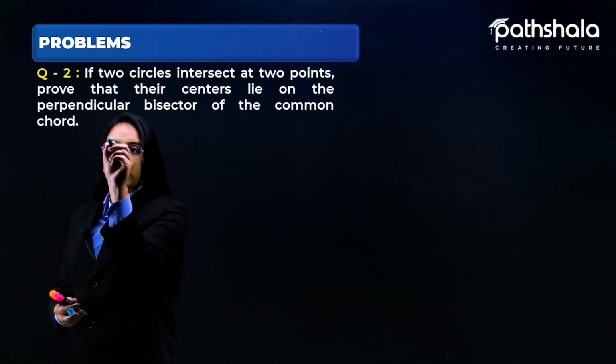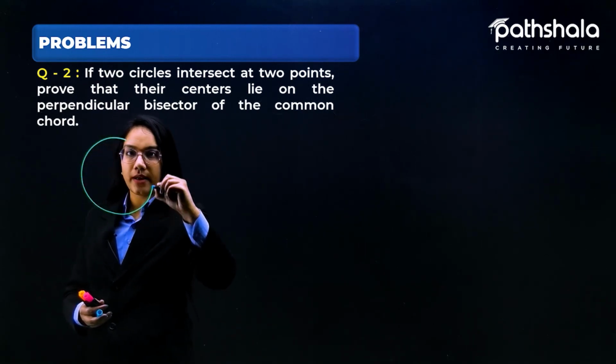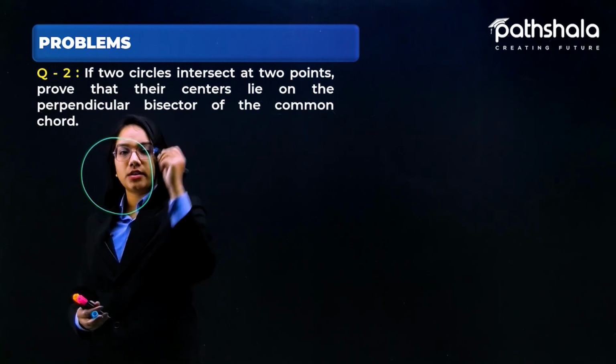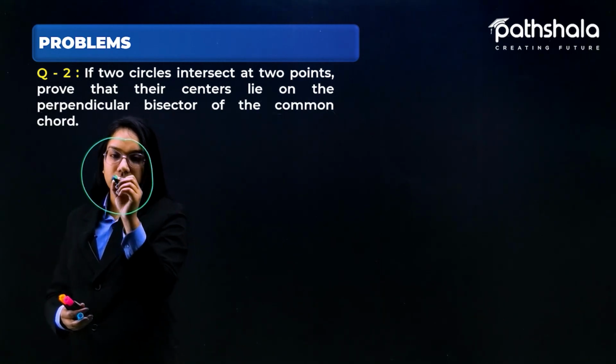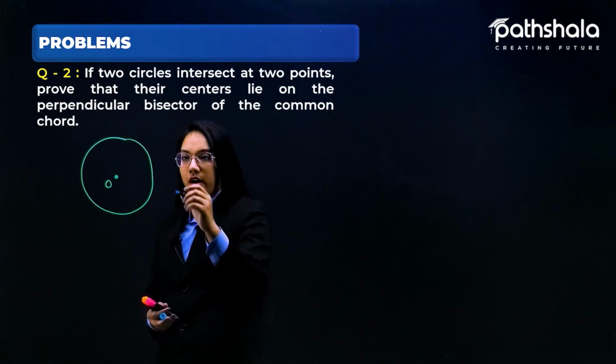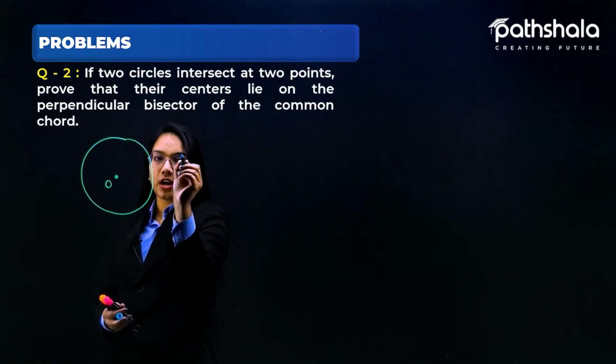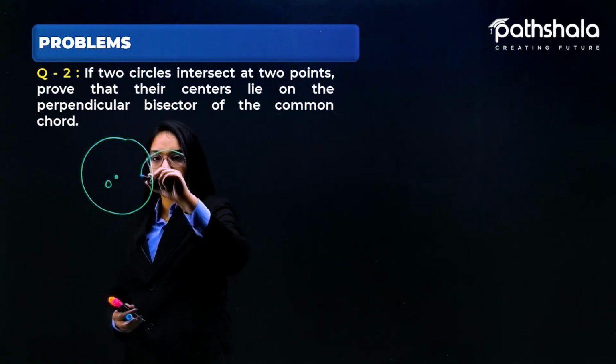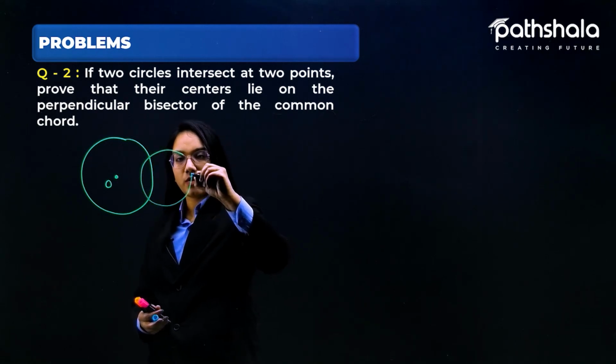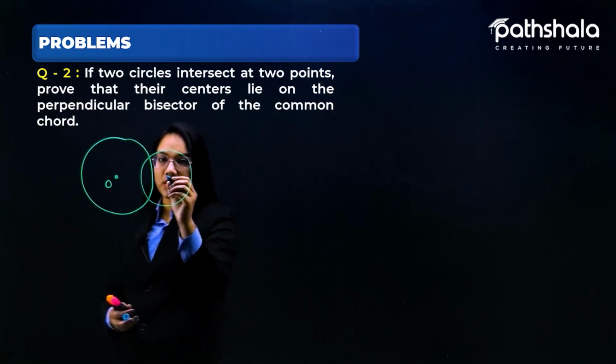This is the first circle that I'm taking, and its center is O. Let us suppose I'm taking another circle in such a way that they are intersecting at two common points, as you can see. Let its center be O dash.